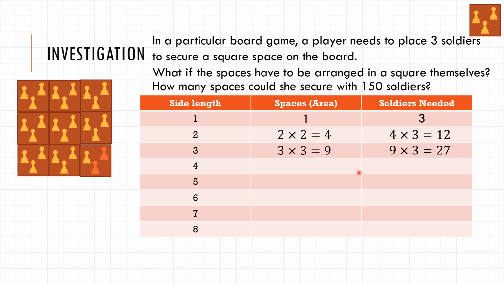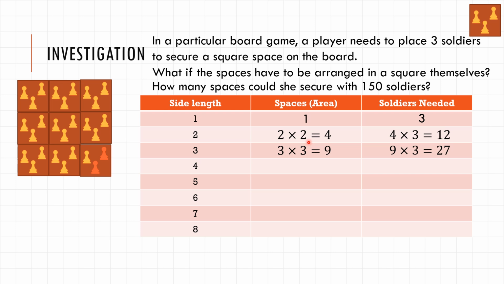So hopefully you were able to pause and copy and fill out this table as best as you can. I'm going to take you through it now so you can see, if you didn't notice, that there are some patterns happening here. Notice that for the area, the number of spaces, we took the side length and we always multiplied it by itself. 2 times 2, 3 times 3.